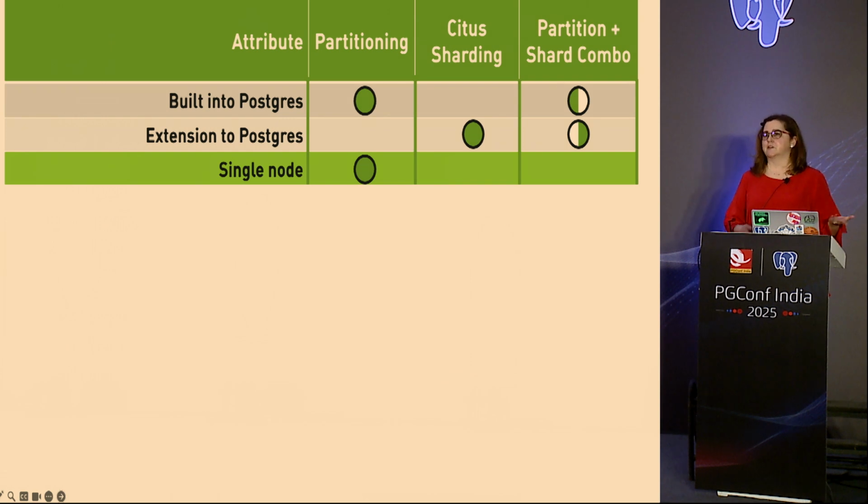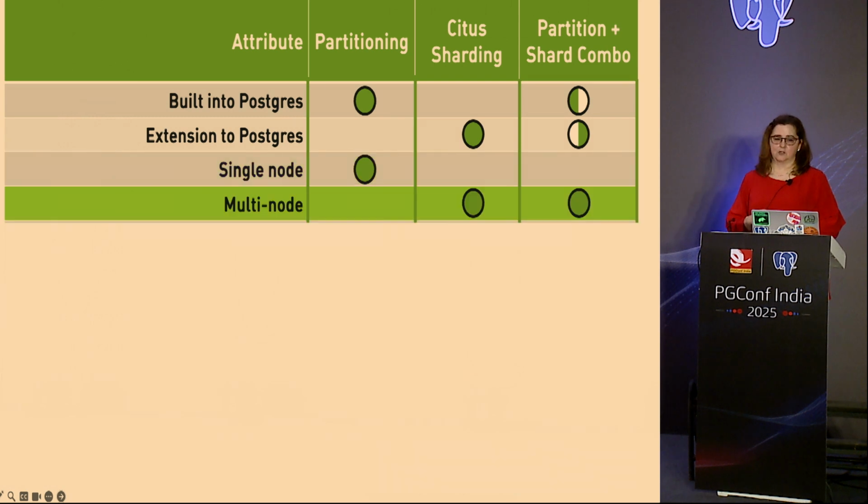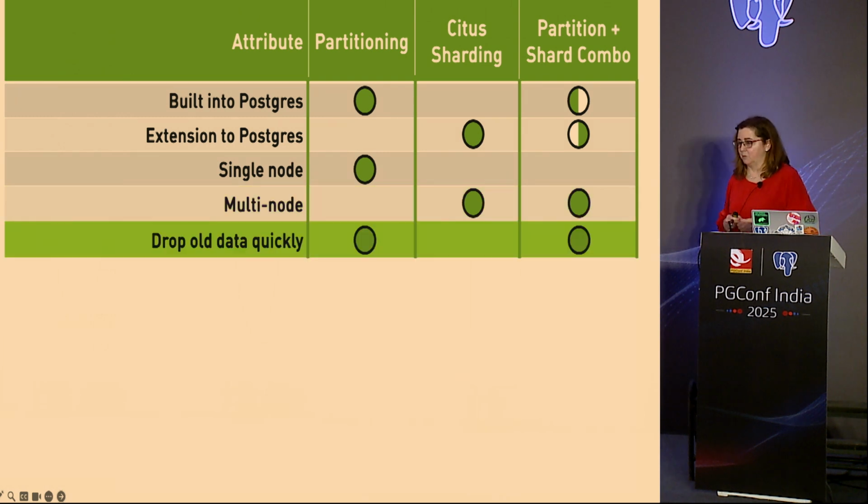Obviously, I mentioned earlier that you can use partitioning with Postgres FDW, foreign data wrappers, in order to distribute it across multiple nodes, but most people use partitioning in the context of a single server, so that's why it's got the green circle. A multi-node distributed cluster, that's why the Citus column has the green circle. Same with the combination on the far right of Citus and partitioning being worked together.